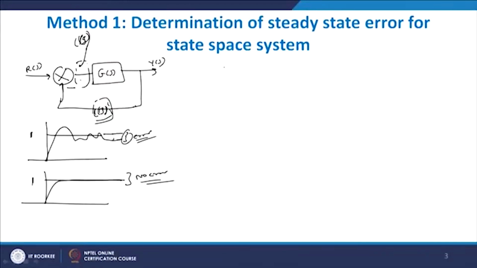Now, we will see how to calculate the steady state error for a state space system. So, we write a state space system and assume that it is in closed loop form. Consider the closed loop system as x dot equal to Ax plus Bu, y equal to Cx.